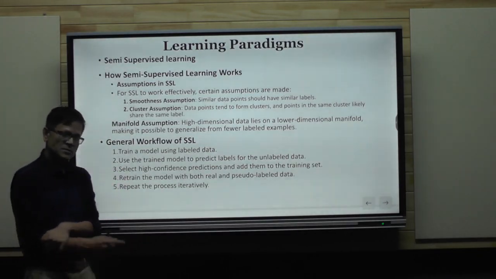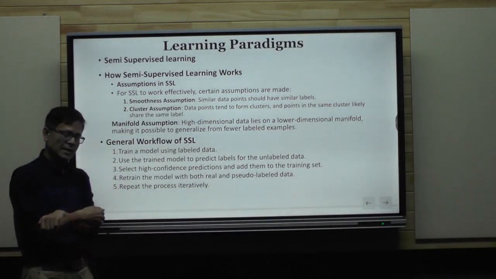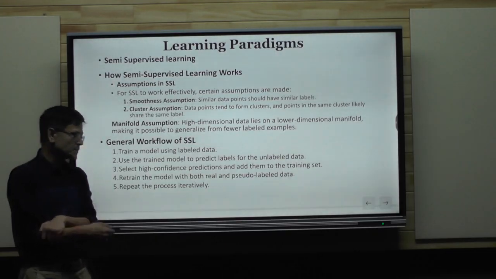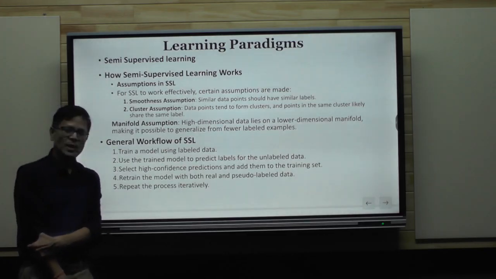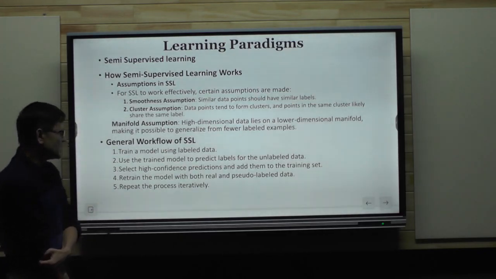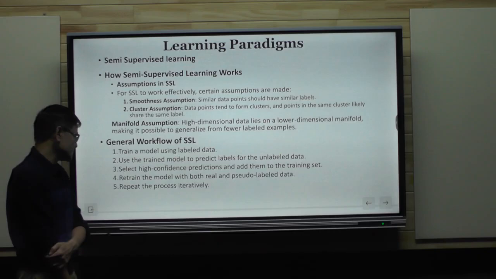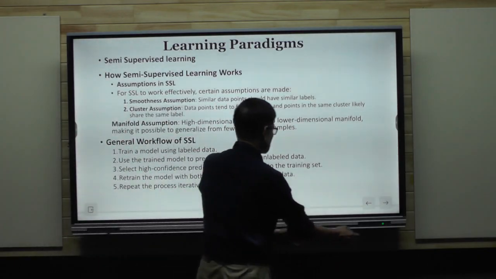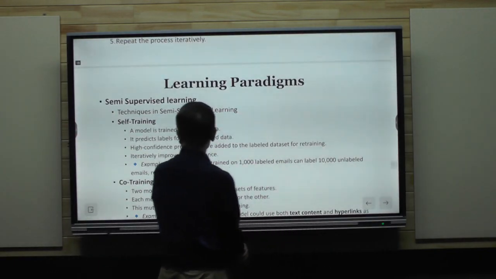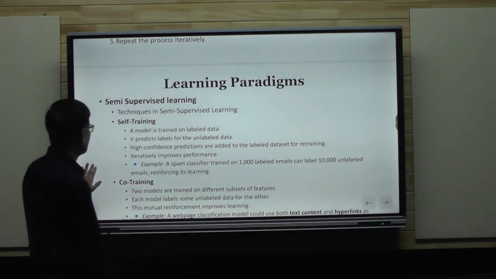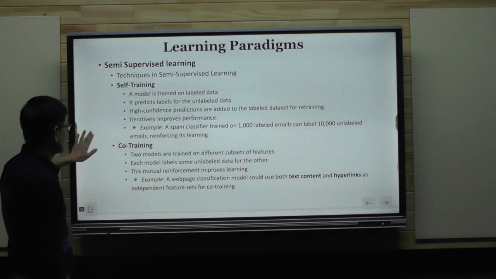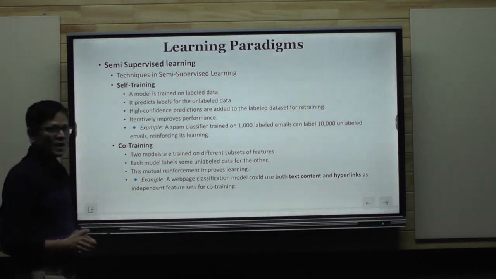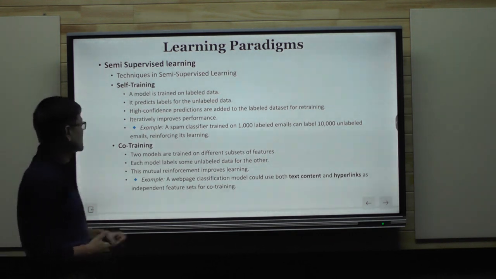Retrain the model, that means once you have added that labeled data, then retrain again with both real and pseudo labeled data. Repeat the process iteratively. So this is the general workflow of SSL.